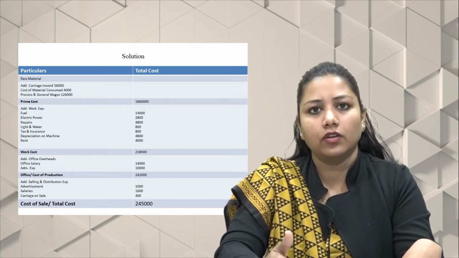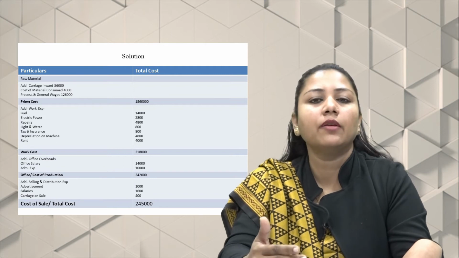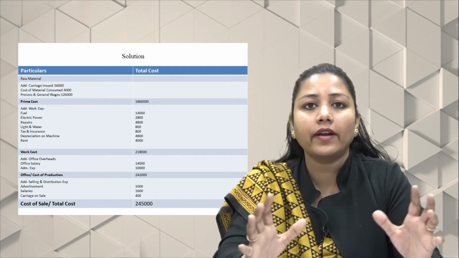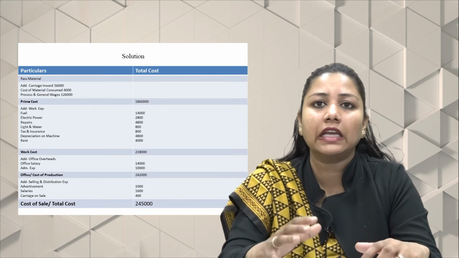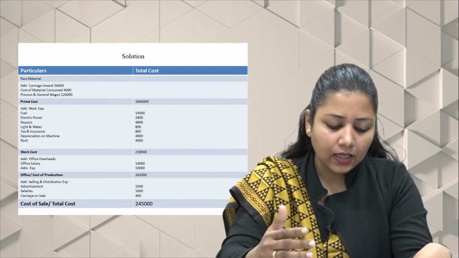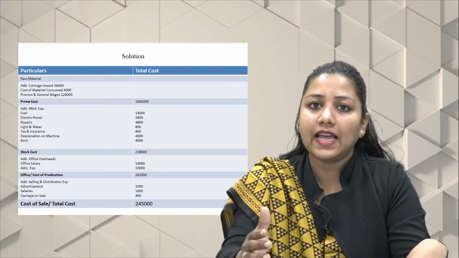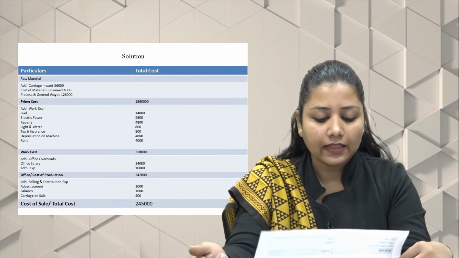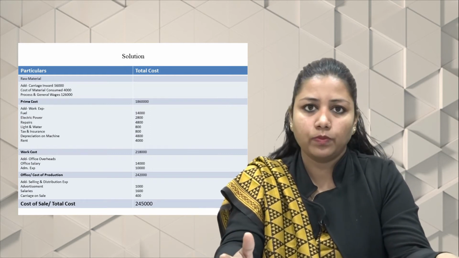After finding the work cost, we have to find out the administration cost. For administration cost, we have to look at what expenditures are given in the question about the office. So in the office, the office salary and administrative expenses are already given, that is 10,000 rupees.